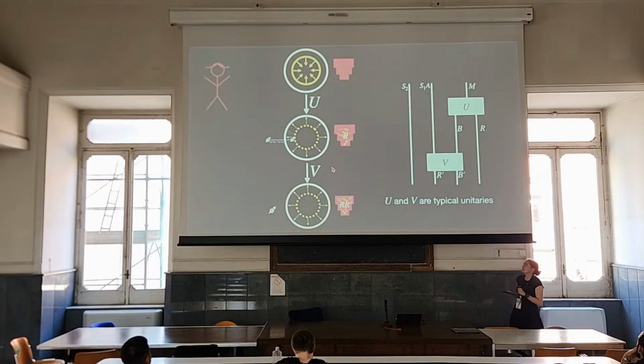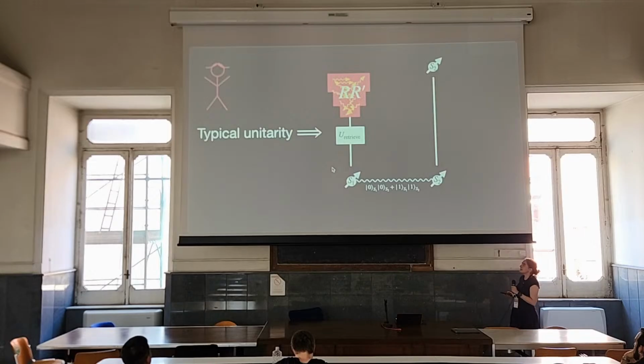And when you assume that these unitaries are typical, you can use very powerful quantum information tools called decoupling theorems, from which it immediately follows that there is actually such a unitary only when R prime is a few qubits, such that he can recover some spin here, also called S1, which is again maximally entangled with S2. Okay, so Bob is happy because he recovered his spin S1 in the end.